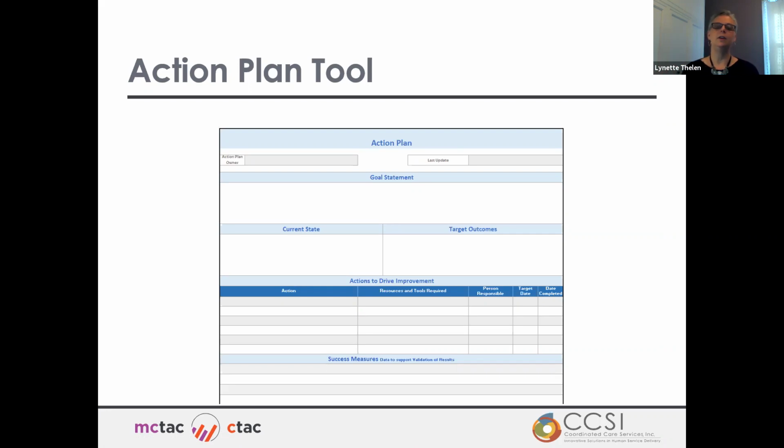If you are in the other PDA financial session, this will look very familiar. It's the same format. Again, it's just that structure to help you make sure you have all the pieces put together. This is posted on the team site. So please feel free to use it to help structure your quality improvement activity.